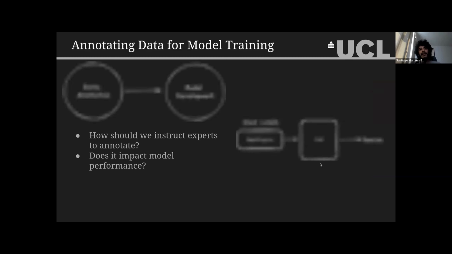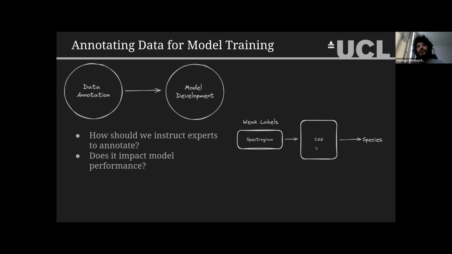These kind of weak labels are then used to train a convolutional neural network classifier. Much of the development in deep learning for bioacoustics is some version of this pipeline, at least the big models such as BirdNet, for example.